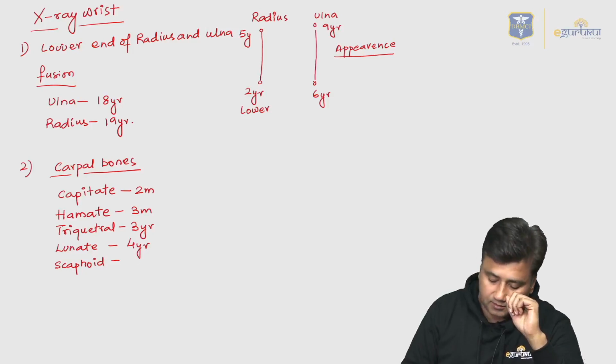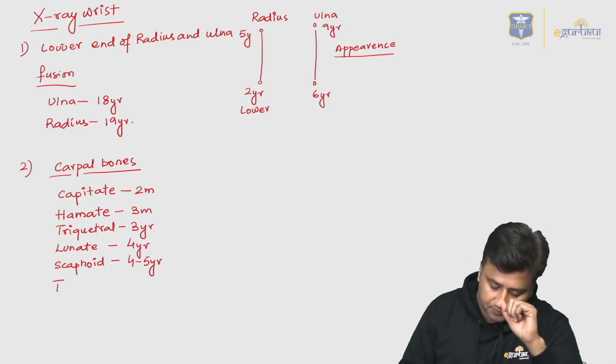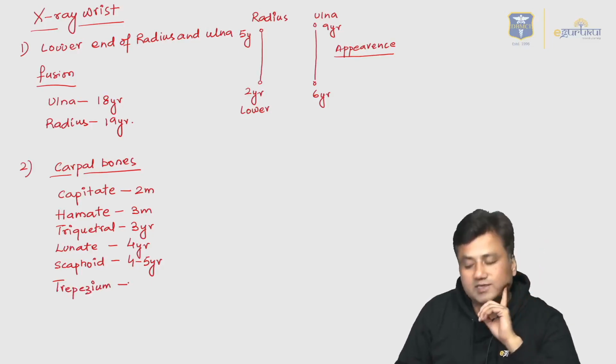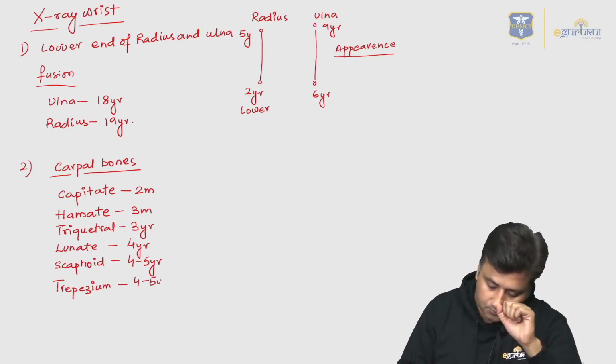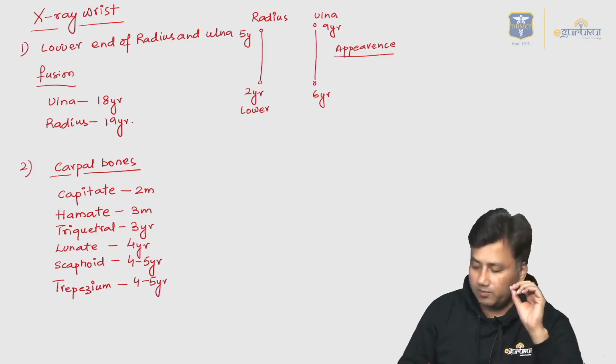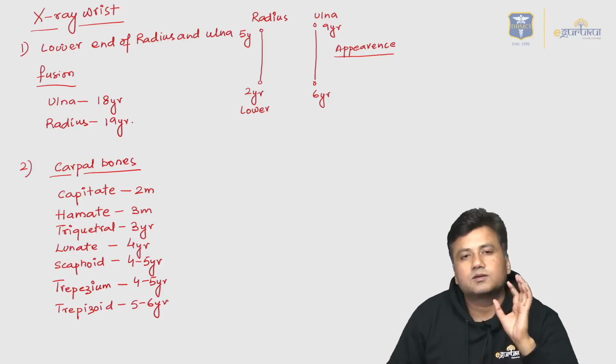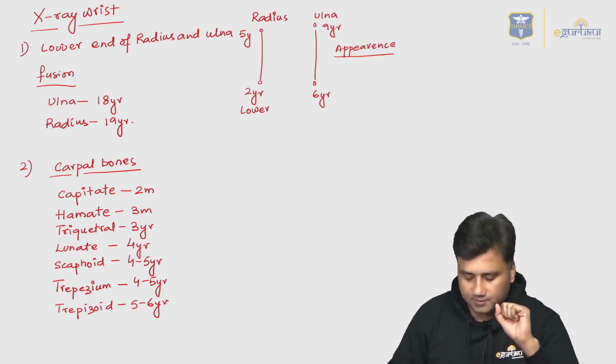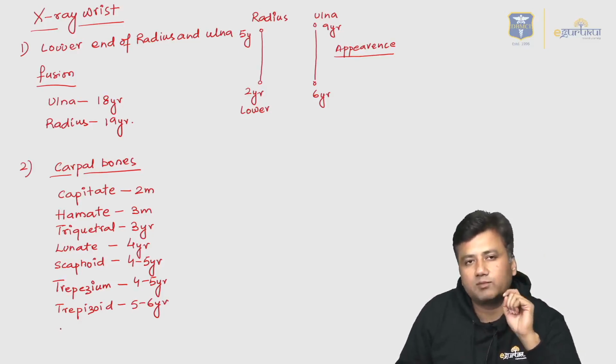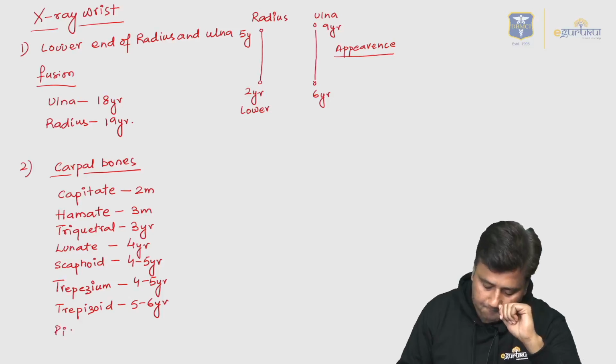which comes again at 4 to 5 years, followed by trapezium, which comes at around 4 to 5 years again, followed by trapezoid, which comes slightly later than trapezium, so around 5 to 6 years, followed by pisiform, which is the last carpal bone to arise in the hand.